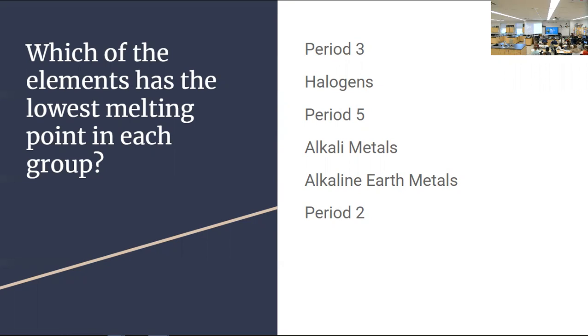Beryllium, awesome. And then one more, what about period 5? What's going to be the lowest melting point? Yeah, xenon or Xe. You don't need to know the names of these elements to know which one is going to have the highest or lowest melting point. And then remind me, why do we know it's xenon?